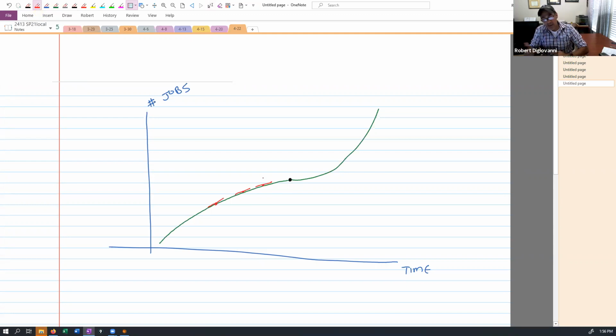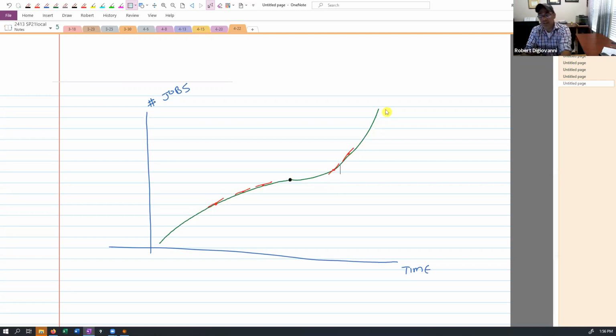To the right of that inflection, all these tangent lines are steeper because we're on a smile instead of on a frown. So he's saying, look, we've got job growth and we've reached an inflection point where we can expect, in his words, we are poised to accelerate, which means that the slopes of the tangent lines are going to continue to go up steeper. Does that make sense?